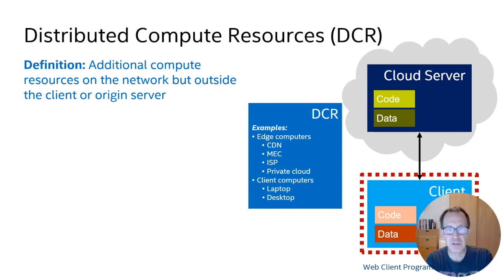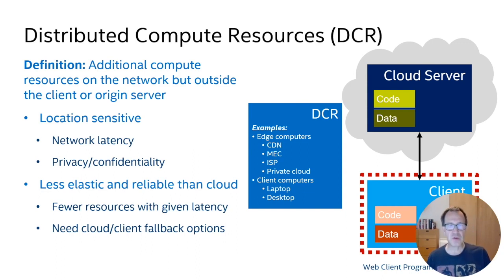This can include content distribution networks, ISP computers, including the one that you might get in your house, private clouds in businesses, and computers integrated into, say, 5G or 6G services, MEC. But there can also be other computers you have, say, on your LAN. So maybe a homeowner has a laptop, a phone, and a desktop, and they want to offload work from their phone to their desktop.